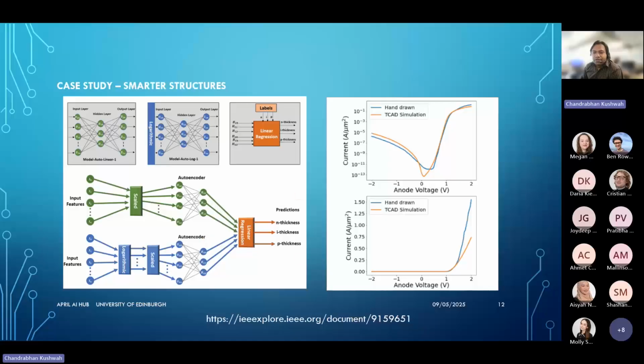To address this, the proposed model architecture employs autoencoders to extract the latent features that help generalize beyond the training distribution.